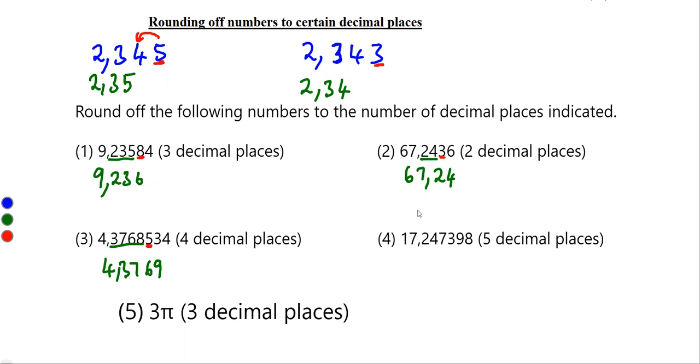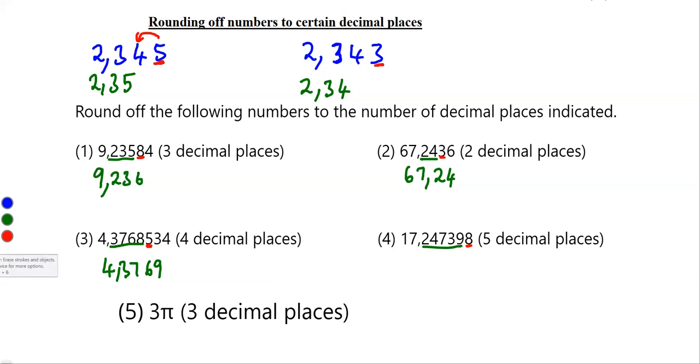Okay. Let's look at this and see what we have here. We are looking at how many numbers here? 5 decimal places. So 1, 2, 3, 4, 5. We're looking at 5 numbers after the comma. Then which number do we look at? We look at 8, the 6th number. So what happens here is that it's going to add 1. If it adds 1, it's going to be 10.